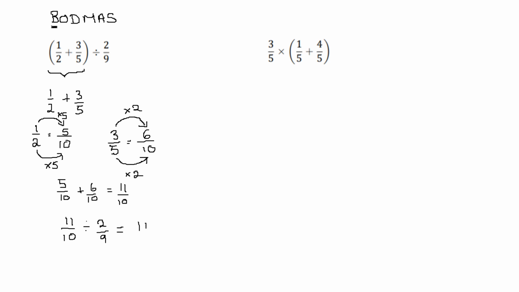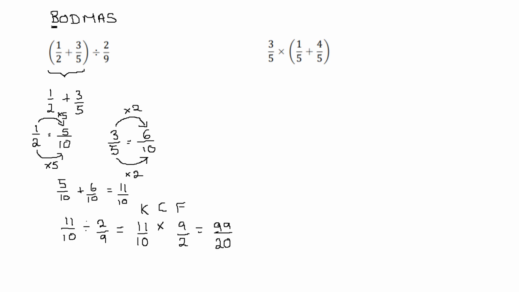I'm going to keep my 11/10, change my division to a multiplication, and flip my second fraction, and then I can multiply. 11 multiplied by 9 will give me 99, and 2 multiplied by 10 will give me 20.